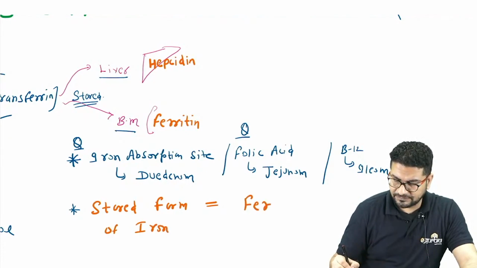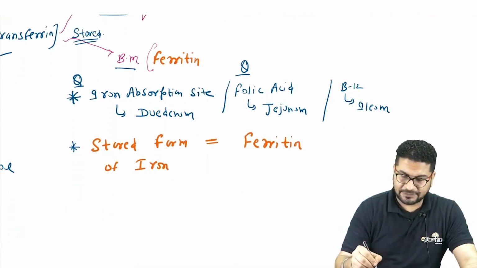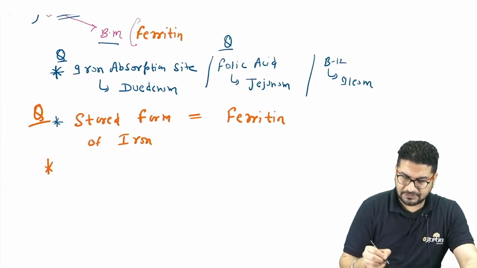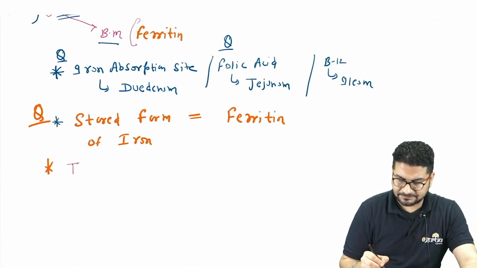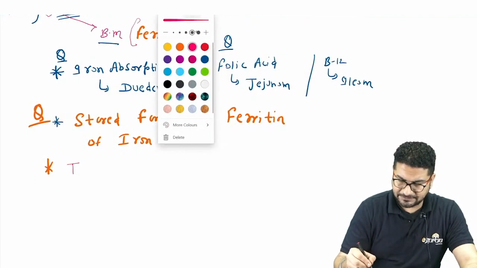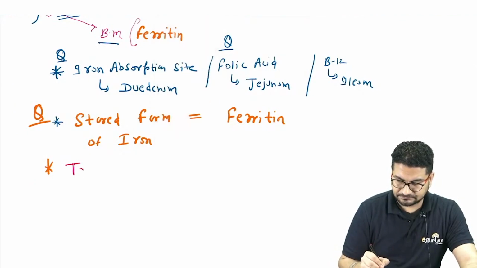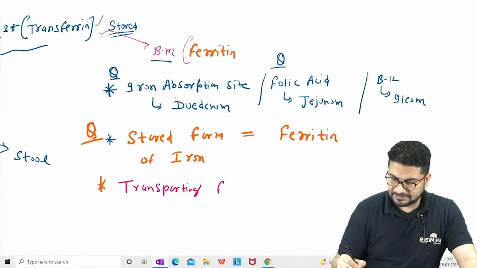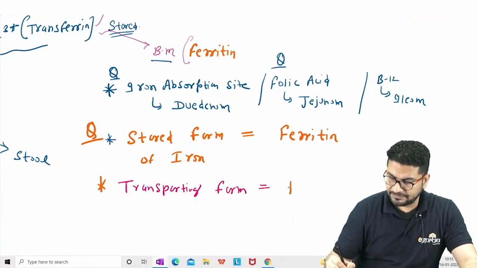It is stored as ferritin. If I ask the next question, the transporting form of iron in the blood vessel, try to answer, guys. The transporting form is transferrin.